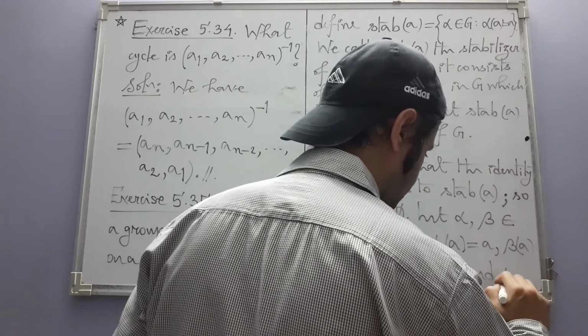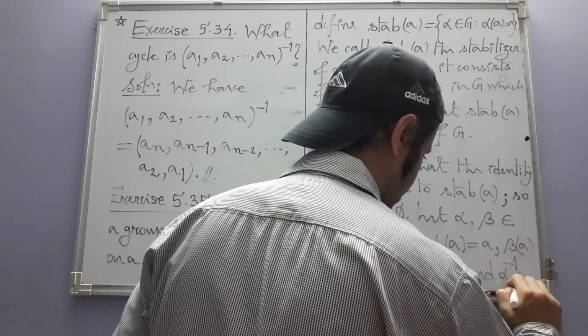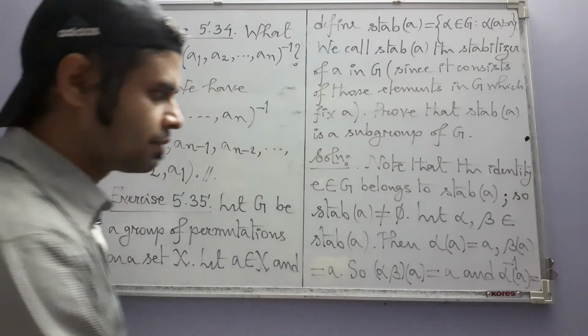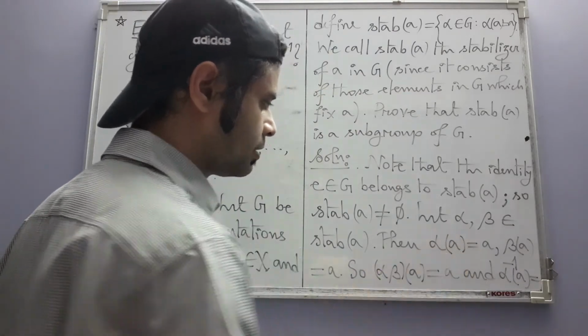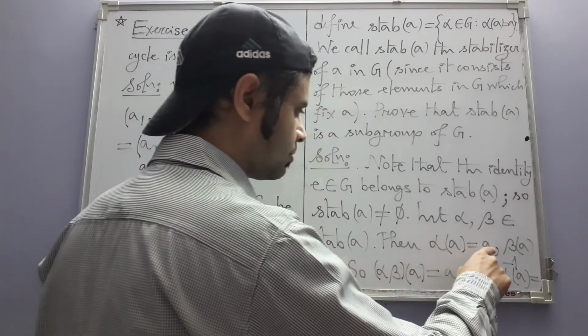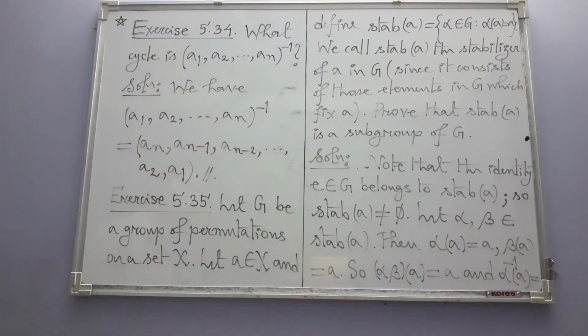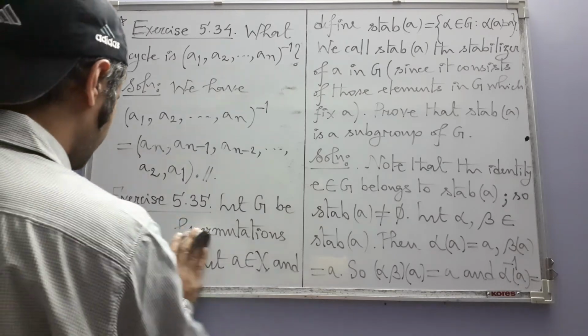And alpha inverse also fixes A, because if the image of A under alpha is A, then the image of A under alpha inverse will also be A by the definition of the inverse of a bijective function.